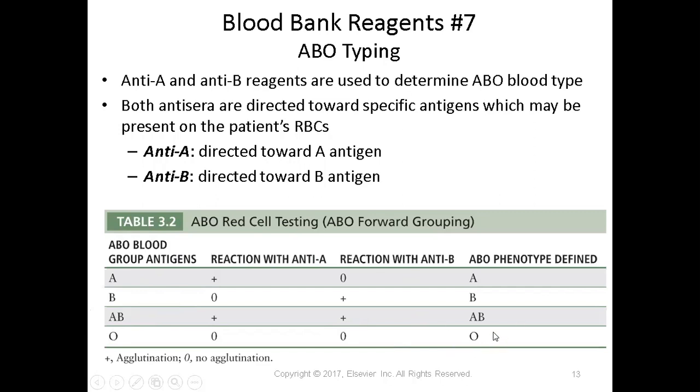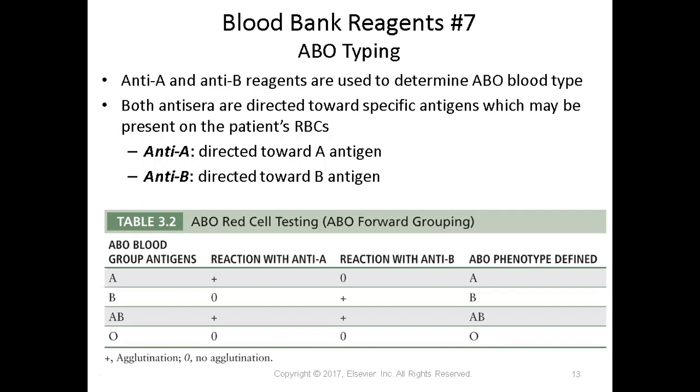And then the last type, O, basically think of it as 0. This is the blood group that lacks both the A and the B antigen. And so we are not going to see reactions with anti-A or anti-B because those blood group antigens are absent. You may know that among all races and ethnic backgrounds, group O is the most common blood group.